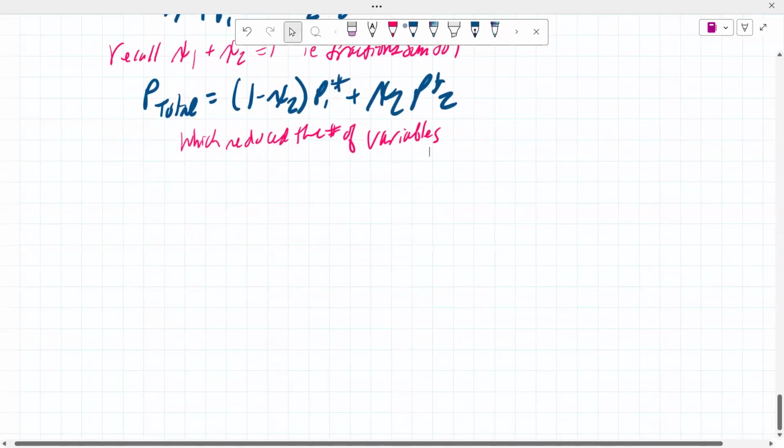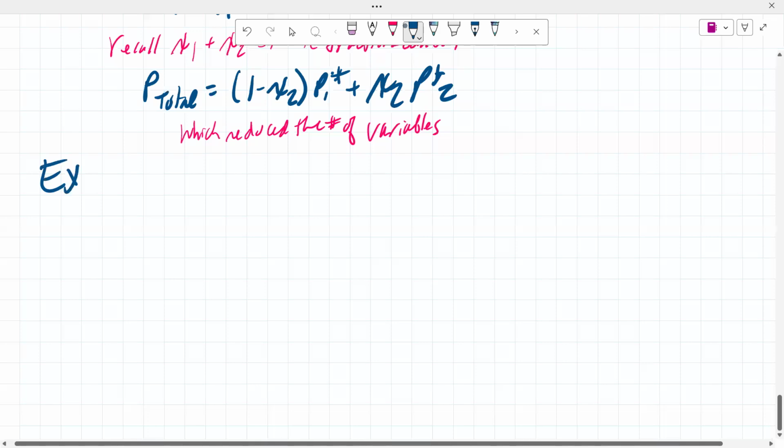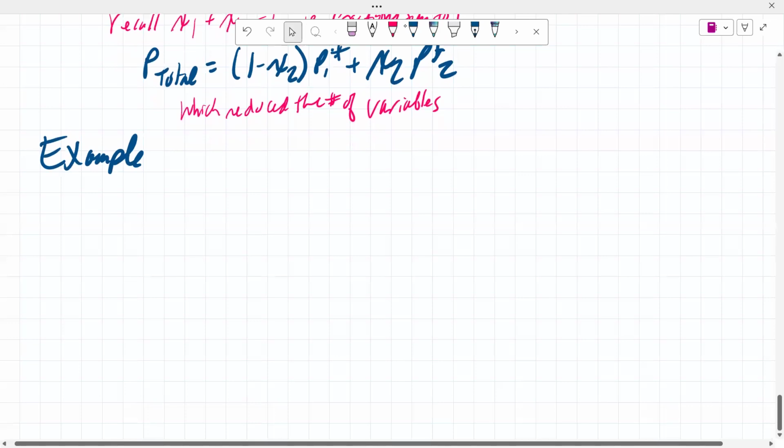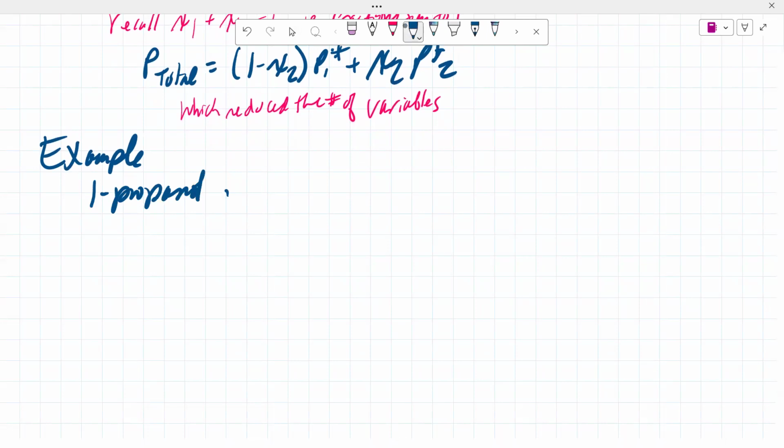All right, so let's do an example. 1-propanol and 2-propanol form an essentially ideal solution.